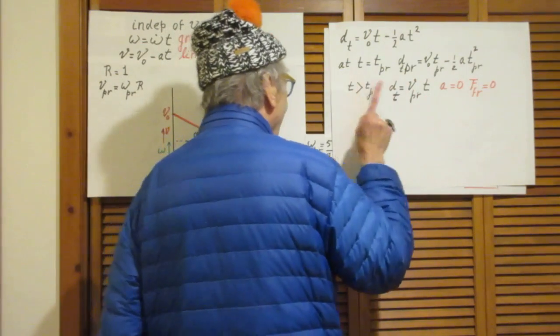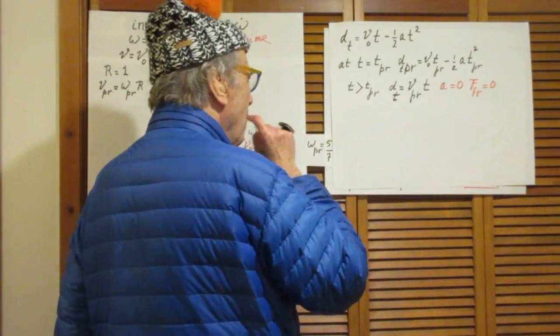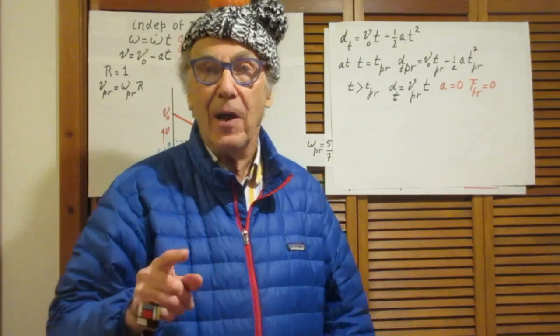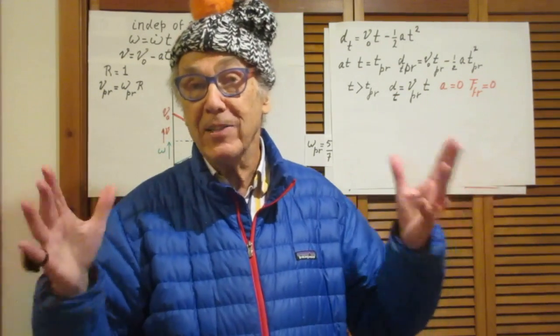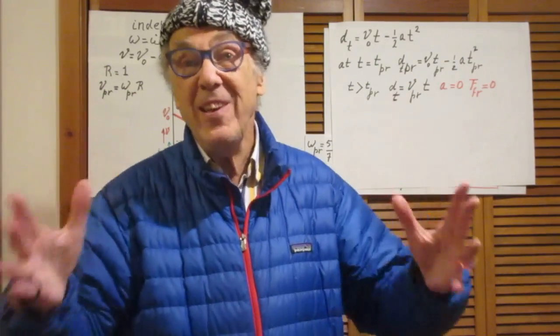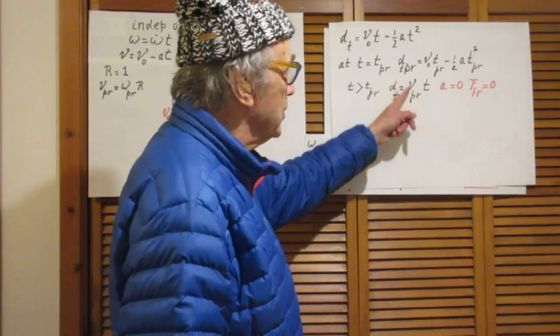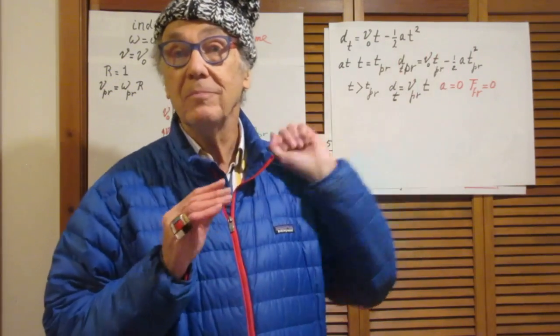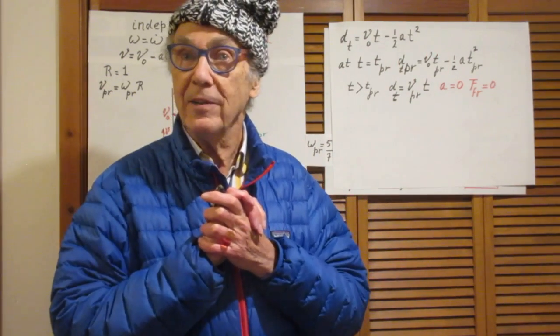And when t is larger than t pure roll, d will only change linearly in time because there is no longer any acceleration. V remains constant. V at that moment is of course the speed at pure roll. And so it continues linearly.